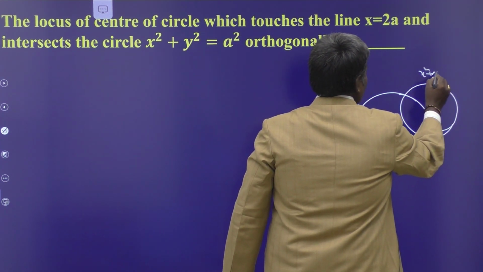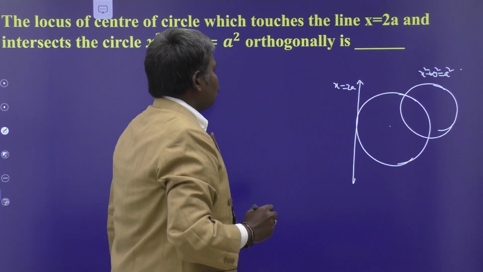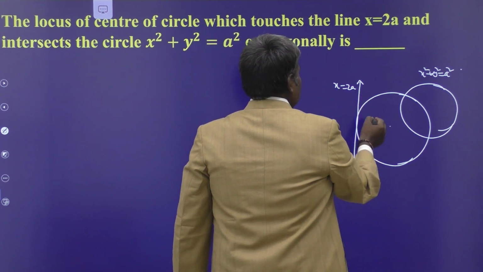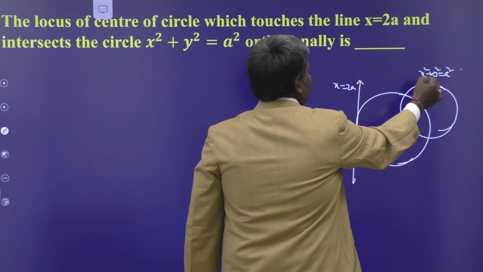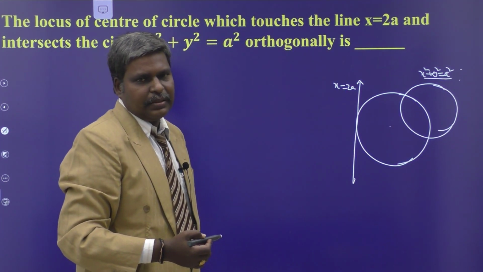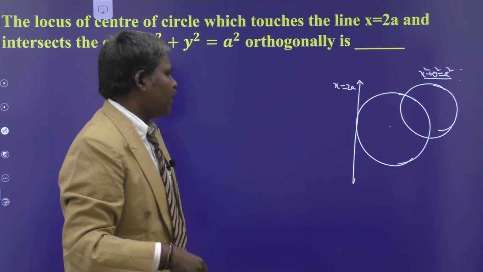So many circles will exist such that the circle touches x equal to 2a and cuts this fixed circle orthogonally. So many centers will exist. You collect all those centers, we get some locus, that is what you have to find out.